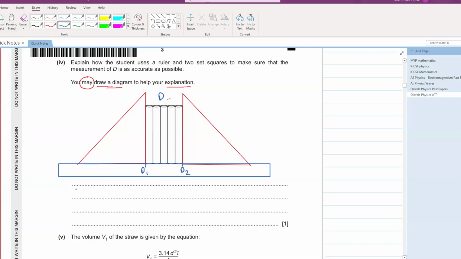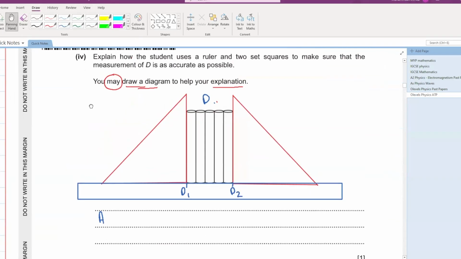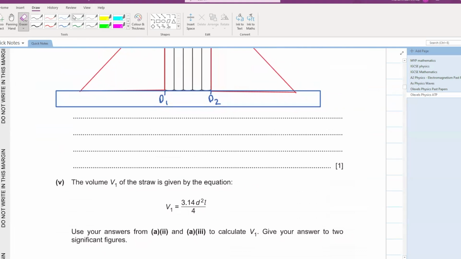You will say: align, let me zoom in and write the answer. Align the set squares perpendicular to the straws. Simple.